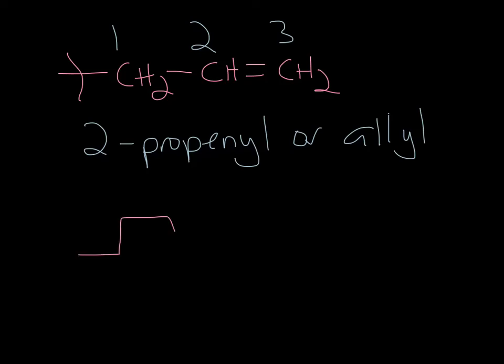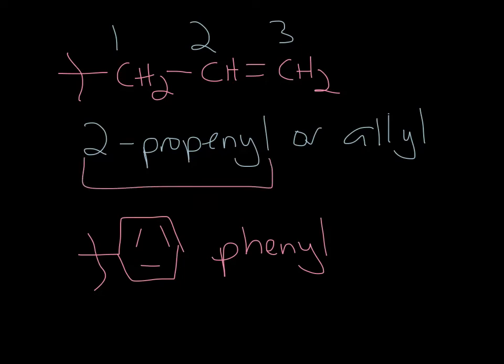Another compound that you'll sometimes see is a benzene ring coming off, and if it's just coming off, it's called a phenyl group. So you're looking for your main chain that has the longest chain on it with the most double bonds, and then anything else coming off of it is going to be a substituent. Sometimes those substituents have double bonds. They can all be named systematically, like this 2-propenyl section right here. But some of them have common names, and the most common ones we went over, so that you've got your methylene, your vinyl, and your allyl group.